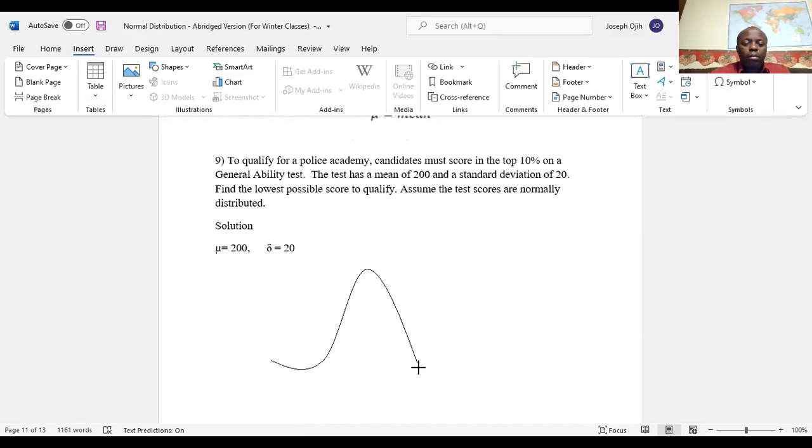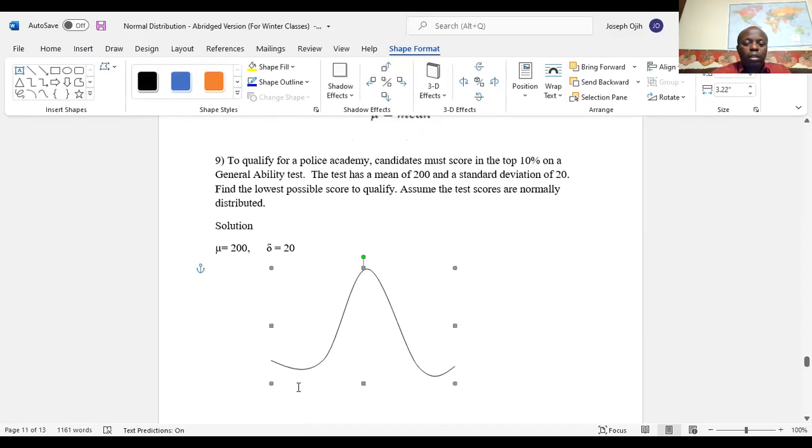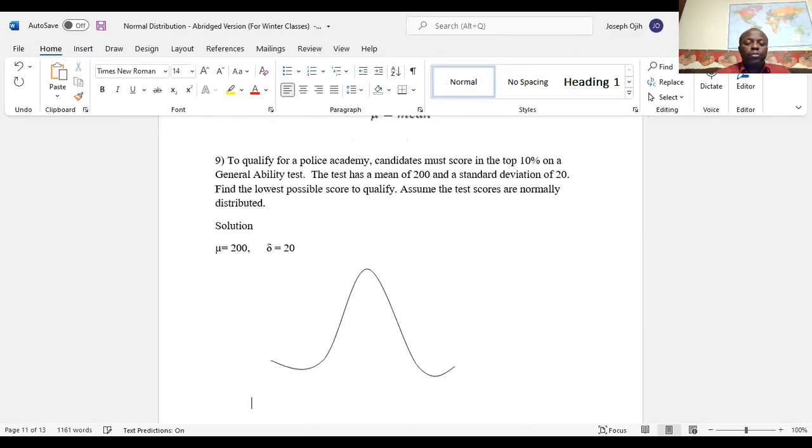We have 0 here. Top 10%, we don't know. That's our X here.